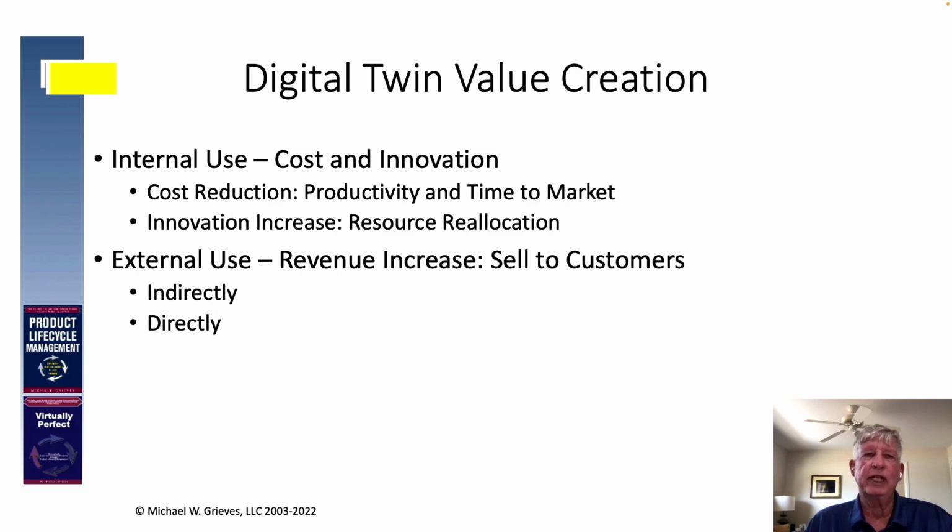Digital twin value creation is divided into two aspects. One is the internal use of this information from the digital twin, and the second is the external use. With internal use, the ability is to have an impact on cost and innovation. Cost reduction is in productivity and time to market.